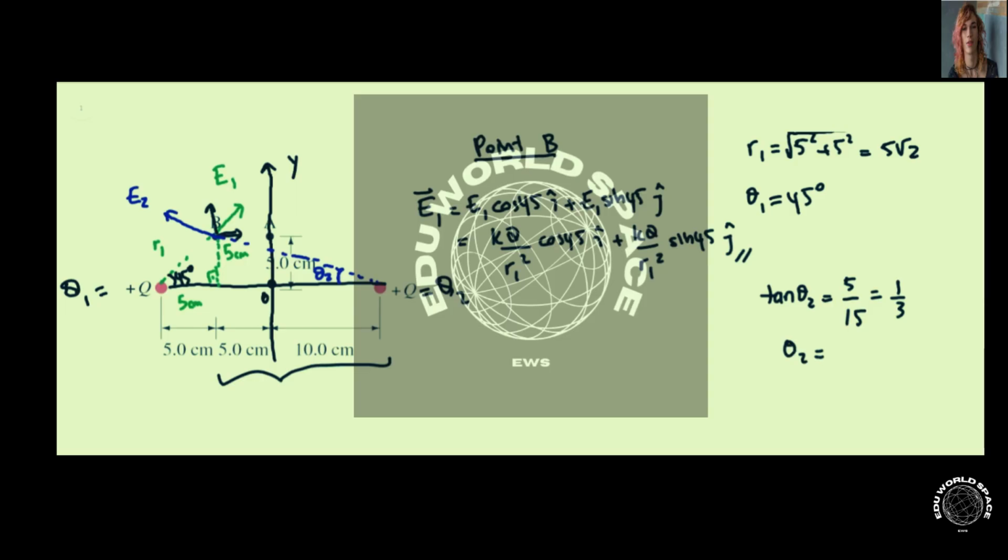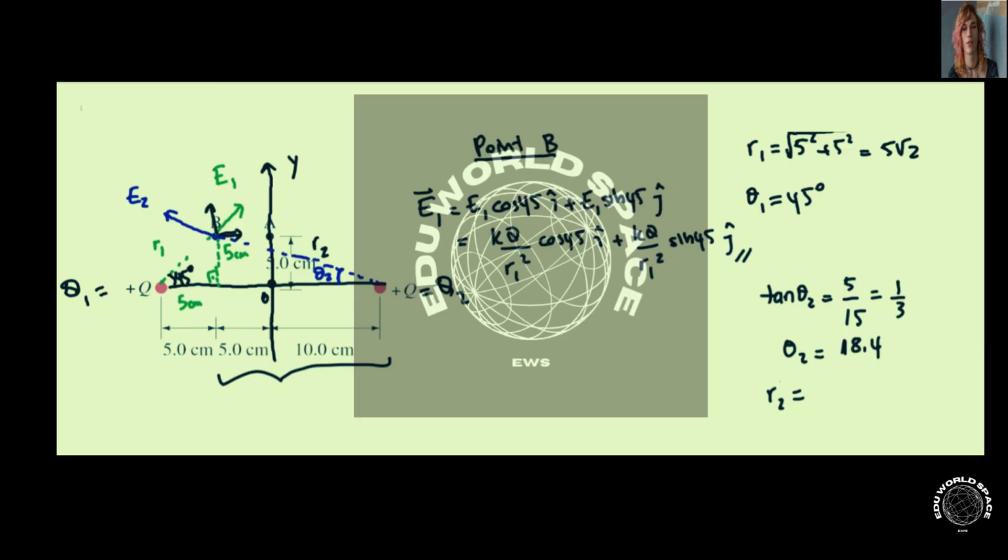Then theta 2 equals 18.4 degrees. And let's see what this distance R2 is, from the point that we have the second charge to point B. Let's not calculate the square, let's just calculate R2 from the Pythagorean theorem.